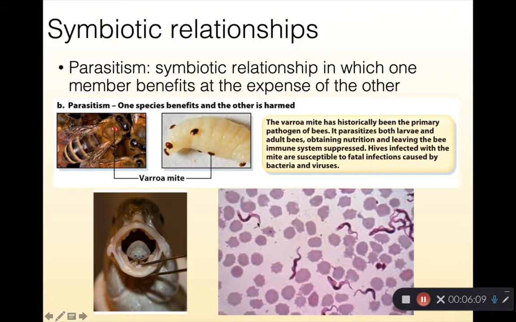So again, parasitism is simply a way to describe how two communities are living together, and ultimately one species is benefiting while the other species is having some sort of detrimental cost to living in symbiosis with the other organism.